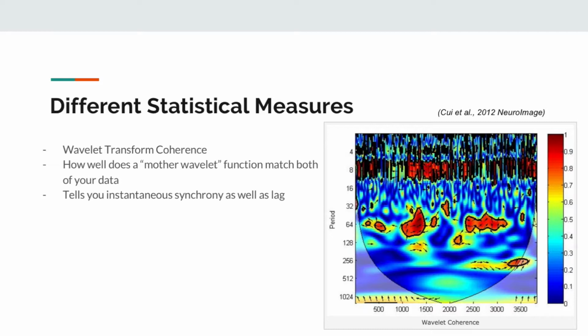So on this plot here, this is an output of a wavelet transform coherence analysis. You can see along the bottom that's time, from 0 to something like 4,000 time points in the scan they did. And along the y-axis is period, so that's just the particular frequency bin of the signal they're looking into. You'll see these blobs of red around period 64 that are coming in and out through the time series.